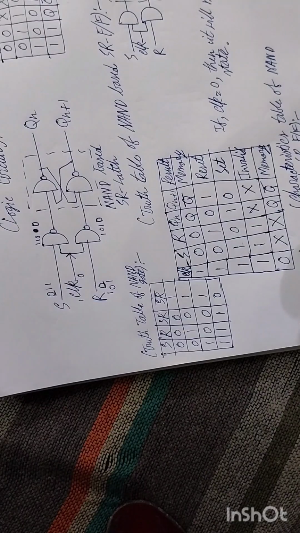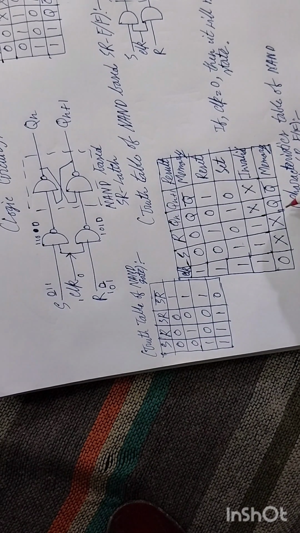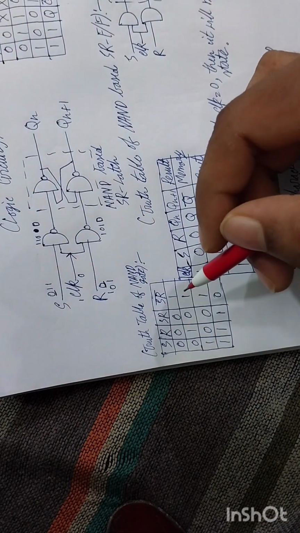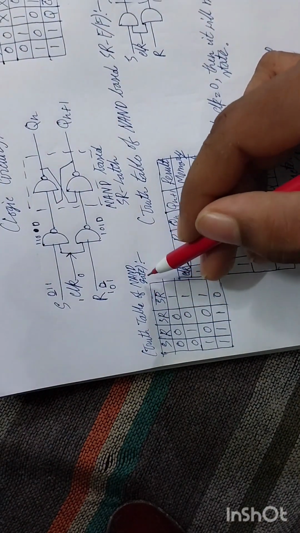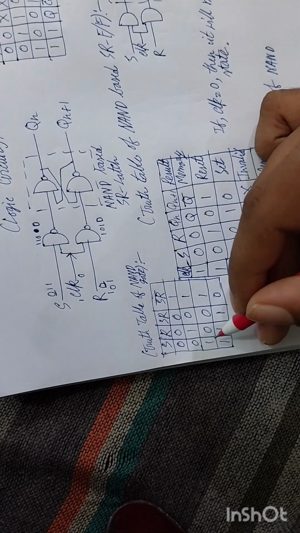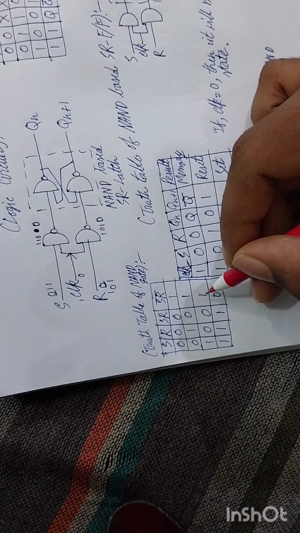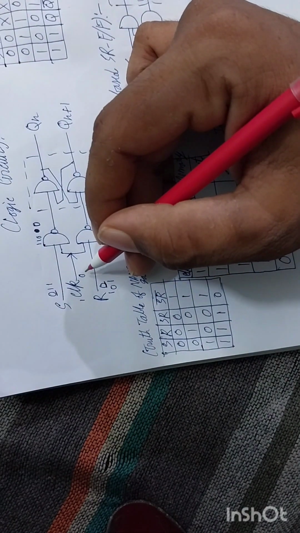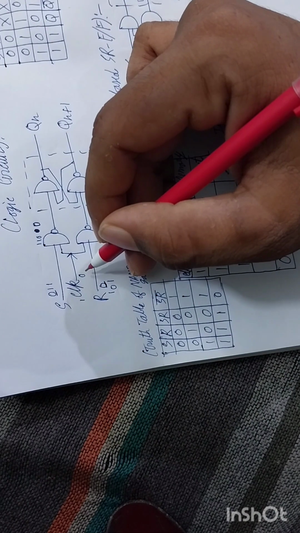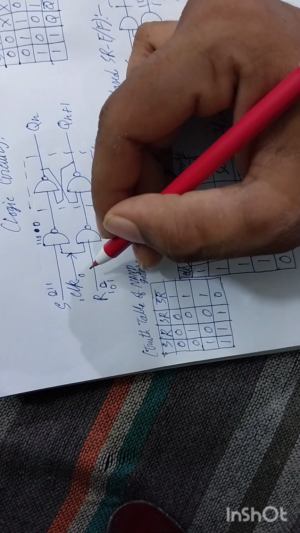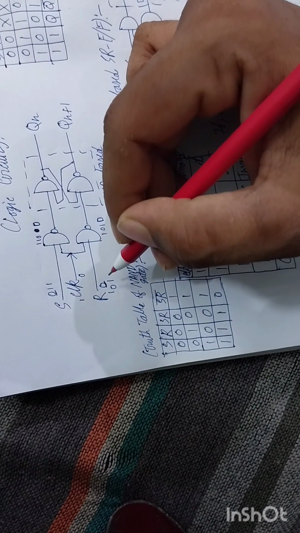So if the clock is 0, it doesn't matter what the values of S and R are, it will be Q and Q bar, and the final result will be memory. Why is it happening here? Because if we follow the truth table of NAND gate, we can see that if any of the inputs is 0, the output is coming as 1. So if the clock is 0, it doesn't matter whether the value of S is 1 or 0, or whether the value of R is 1 or 0.